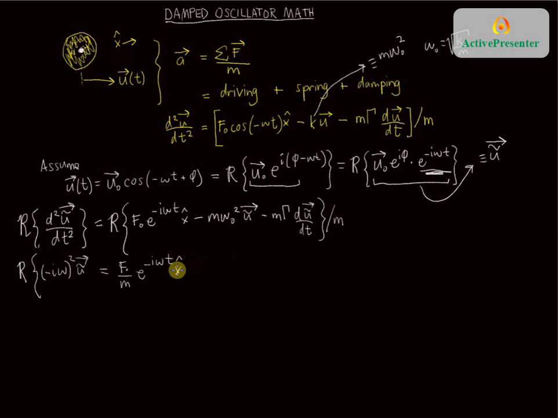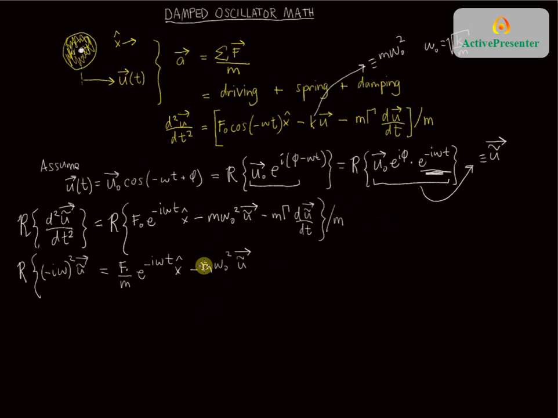That doesn't really change. And then my second term copies right over, m omega naught squared u tilde. That doesn't change at all, except that I'm dividing by m at the end.